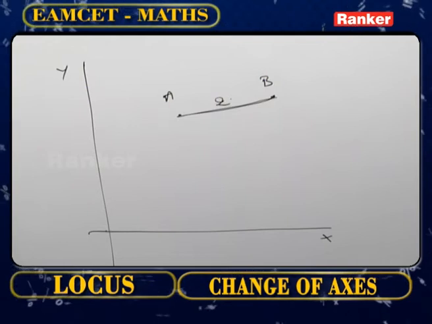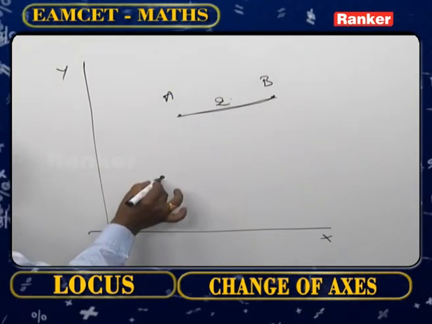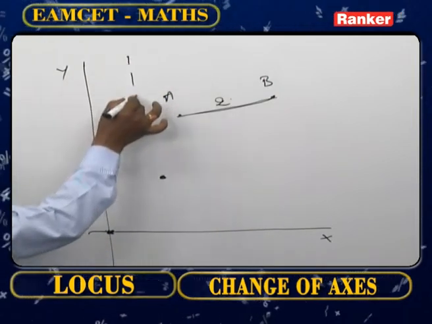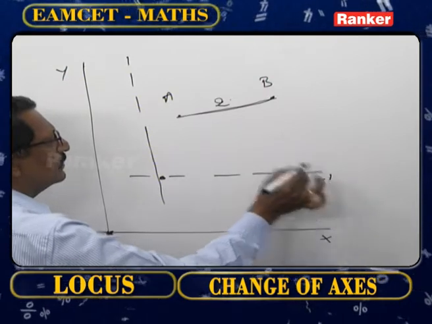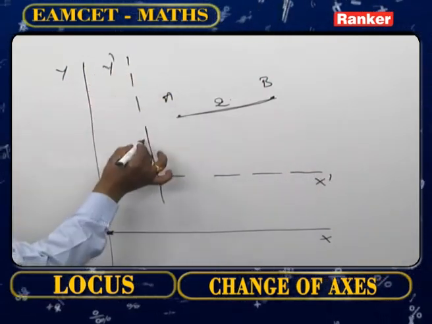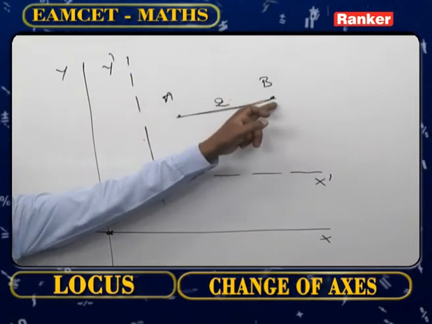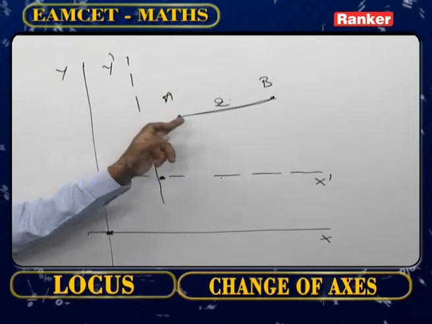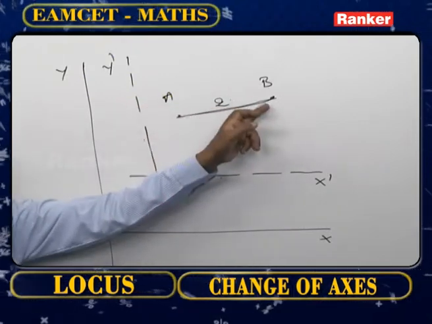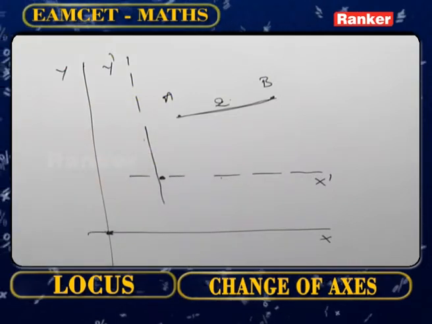Now if the origin is shifted to any other point, the positions of the points change with respect to the new axes, but the distance between the two points does not change. The answer is 2 units. The first option is correct.